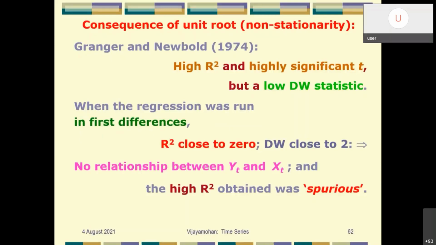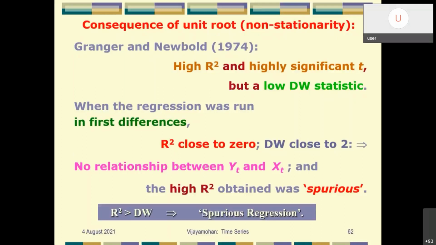R squared close to 0 means that there is no relationship between yt and xt, what we expected. So the high R squared that we obtained earlier was just spurious. So the earlier regression was a spurious regression.